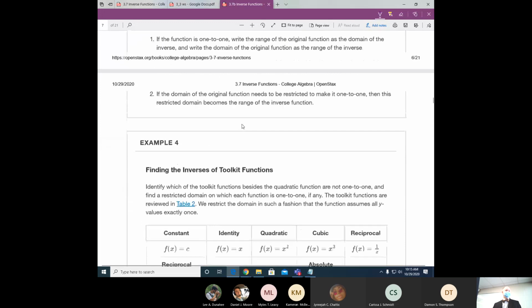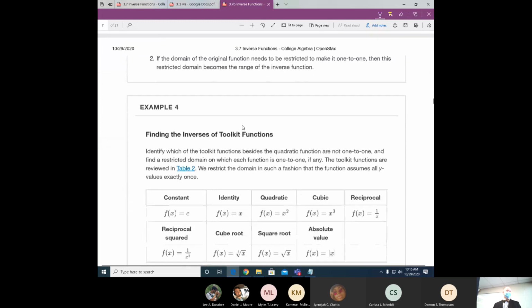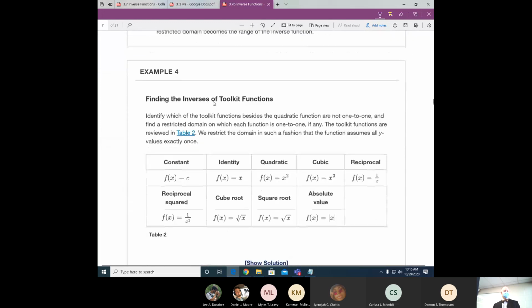Let's take a look at the range and inverse. And they give us a particular toolkit of functions. Which of these are not one-to-one? And is there a restricted domain that will make them one-to-one across that restricted domain? Let's take a look.